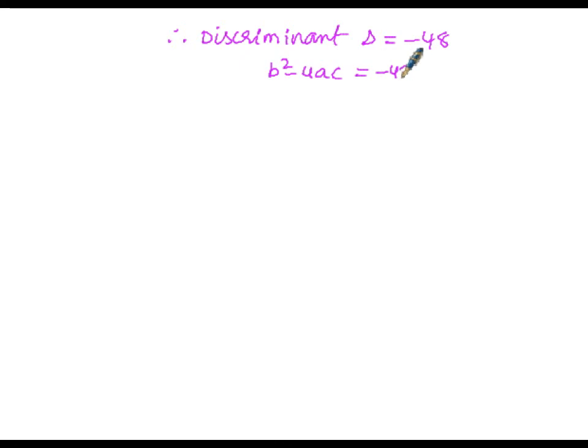Therefore the discriminant delta is equal to minus 48. The discriminant is given by b square minus 4ac, which is equal to minus 48, which is less than 0. So we can write it as b square minus 4ac is less than 0.